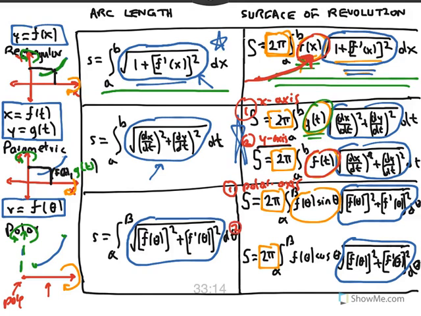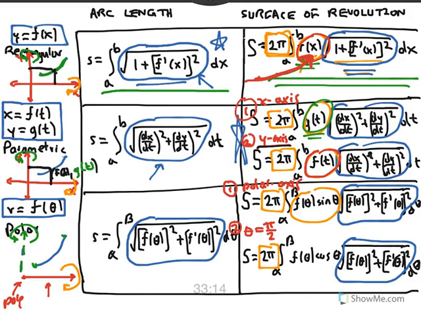And in the second case, the axis of revolution is the radial line, theta is equal to pi over 2, which would be equivalent to the x and the y axes if we were doing this in the Cartesian plane.